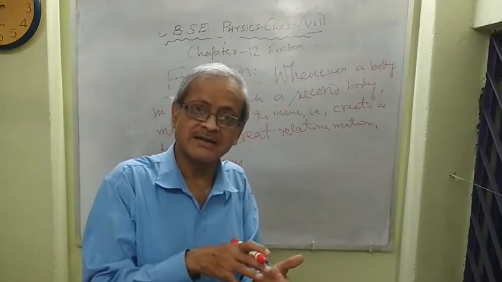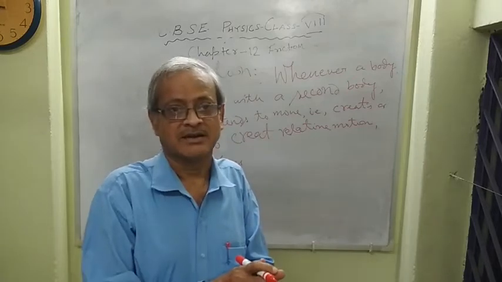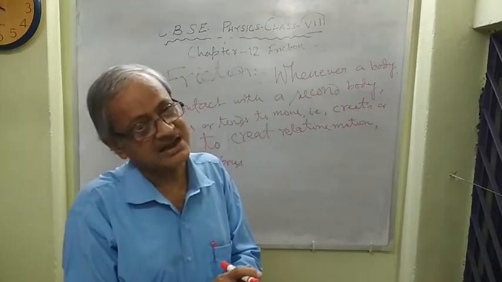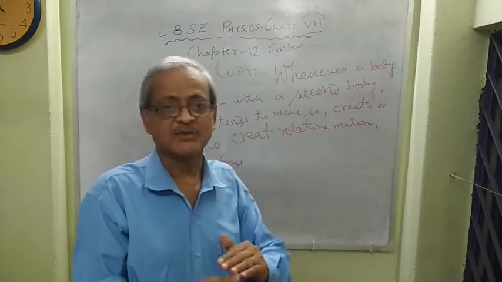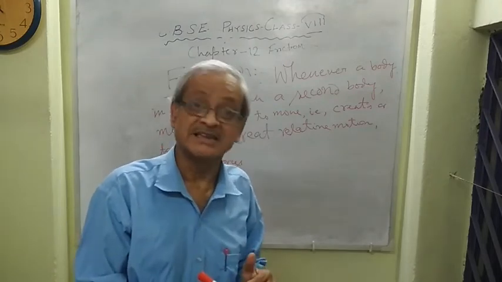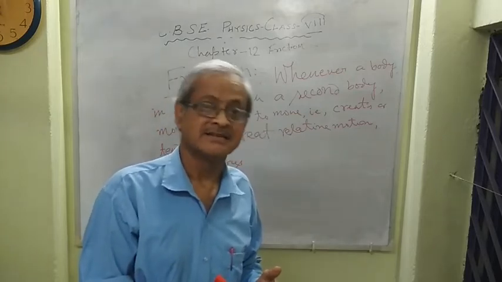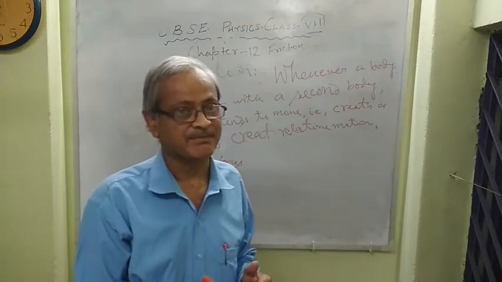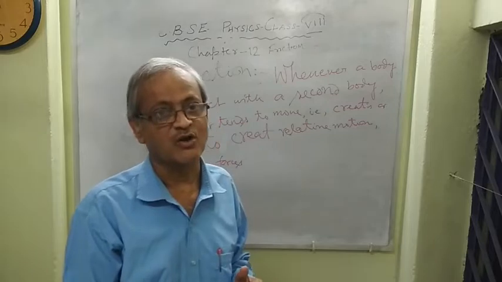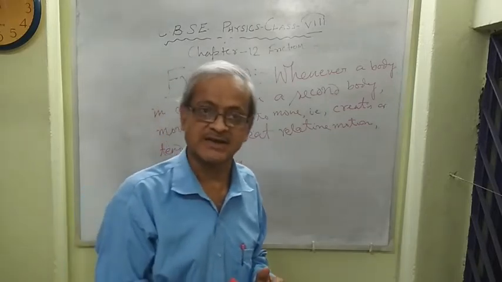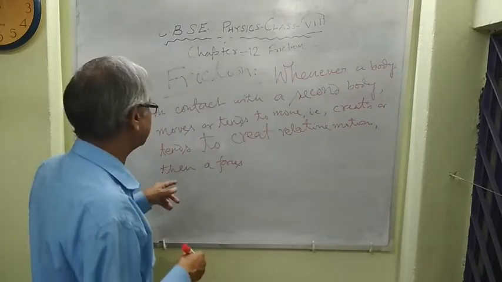Then you consider the relative motion. Otherwise, we may consider the relative motion of the second body with respect to the first. Then obviously these are opposite in direction, and the forces must also be equal and opposite, right?